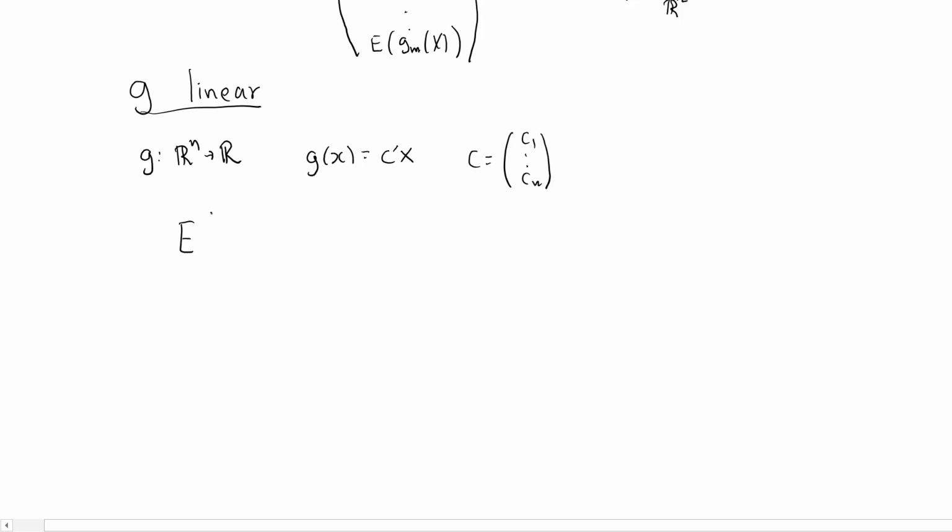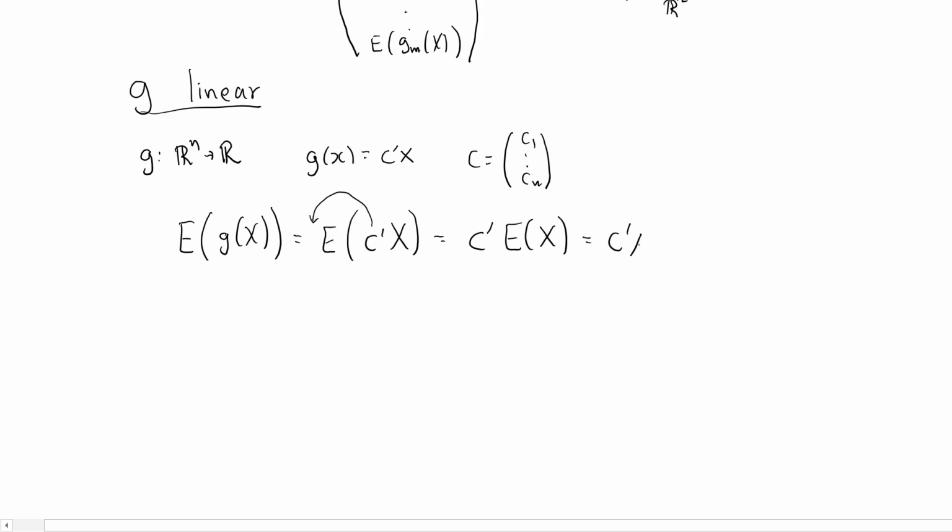In this case, the expected value of g of x, the expected value of c prime x, will be equal to, we can just take this constant outside, c prime expected value of x, or if you like c prime mu, where mu is the expected value of x, an n by 1 vector of constants. Note that this thing here will come out to be a scalar, 1 by 1, which it should be because this is a simple random variable now, not a random vector.